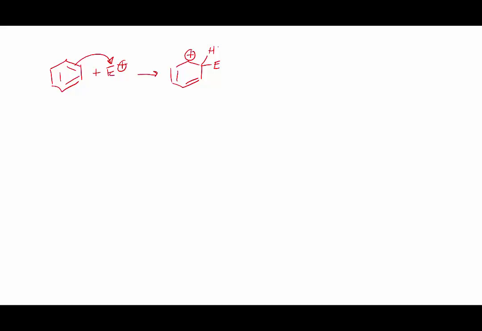But I now have resonance structures I can draw, right? So I could take this pair of electrons, move it here to form the double bonds there and there with the H and the E there, and then the plus charge there.